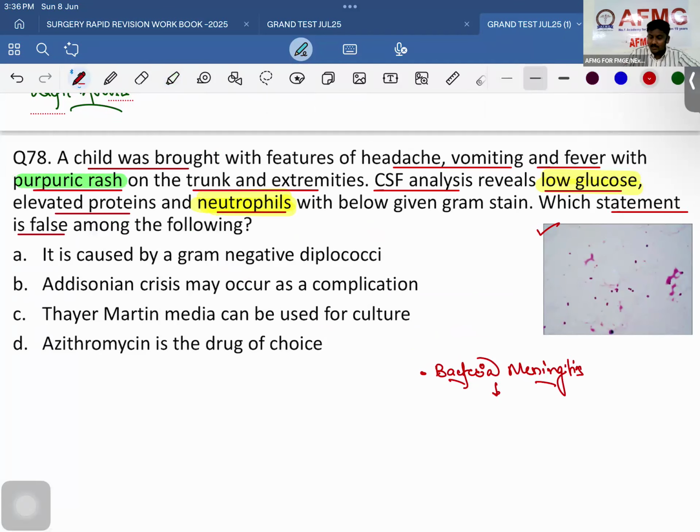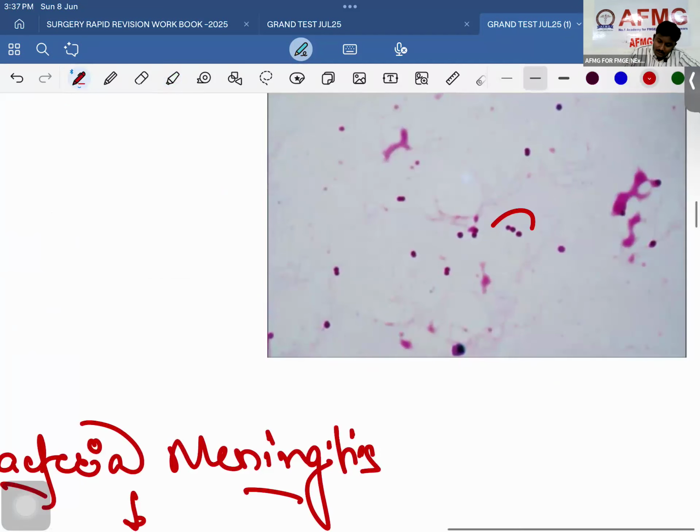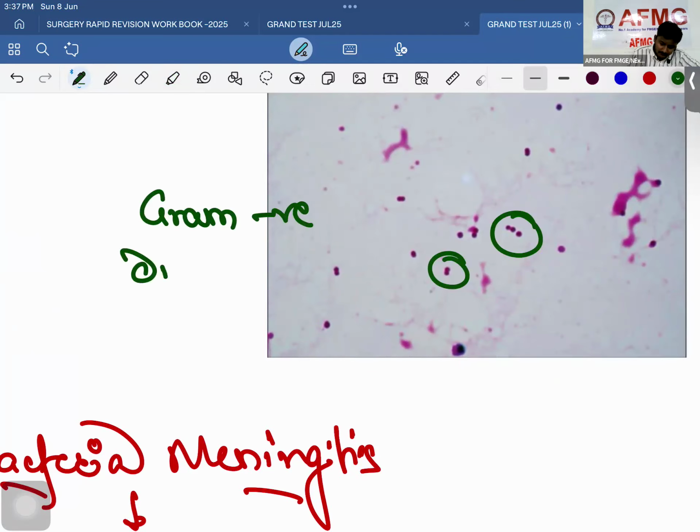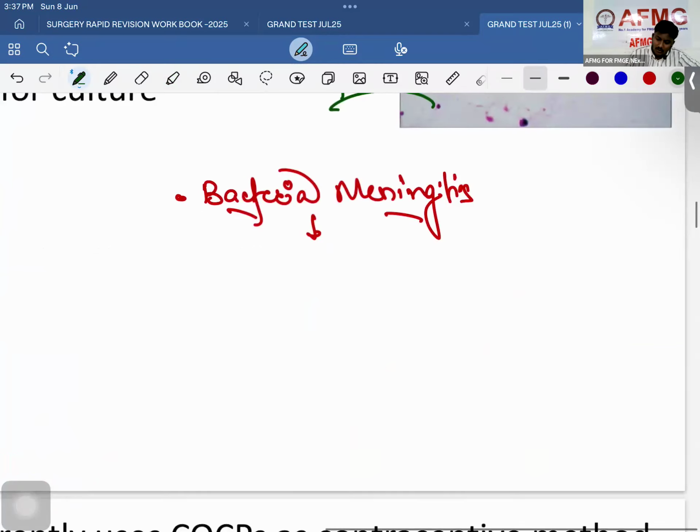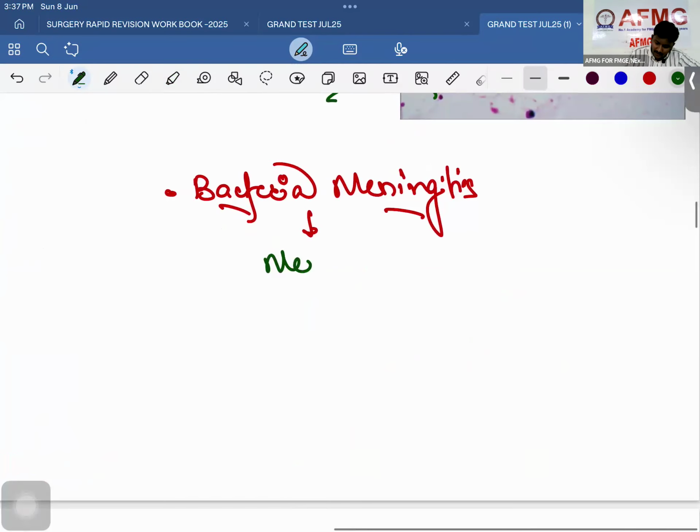We know meningitis with a purpuric rash along with these gram-negative cocci, diplococci, beta. These gram-negative diplococci confirm your diagnosis of nothing else but meningococcus. So please remember, definitely the cause responsible is meningococcus, also known as Neisseria meningitidis.